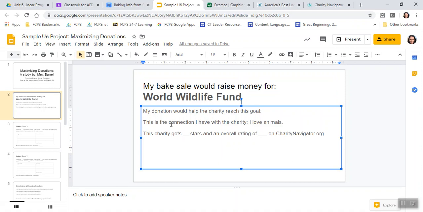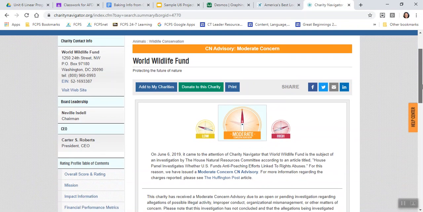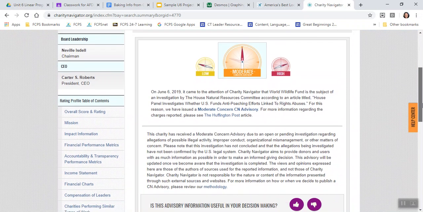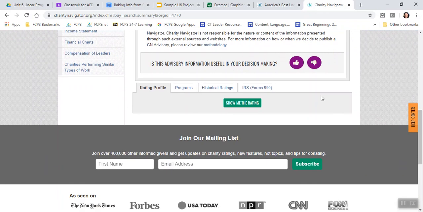Alright, the connection I have is I love animals, and I need to figure out what this charity will do with my money. So I'm going to go back and see. Now this is a concern right here, so you could read through that and that might change your mind about whether or not you think that this is a good charity.